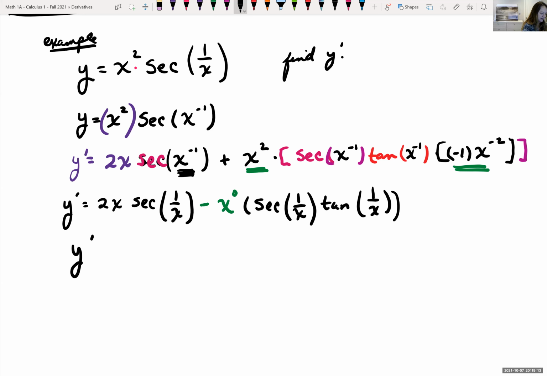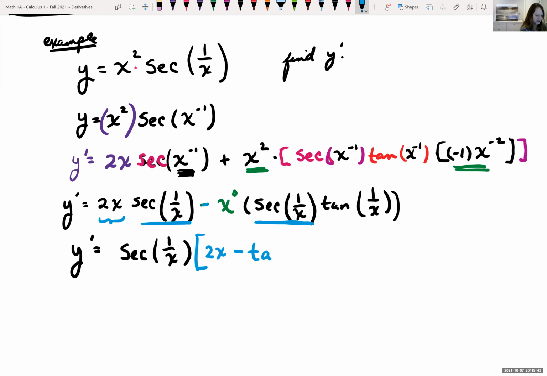So we can pull out that secant of 1 over x from each piece. If we pull that out of here, then we're just left with 2x. If we pull the secant of 1 over x out of the second piece, we're left with minus 1 times tangent of 1 over x. So minus tangent of 1 over x.